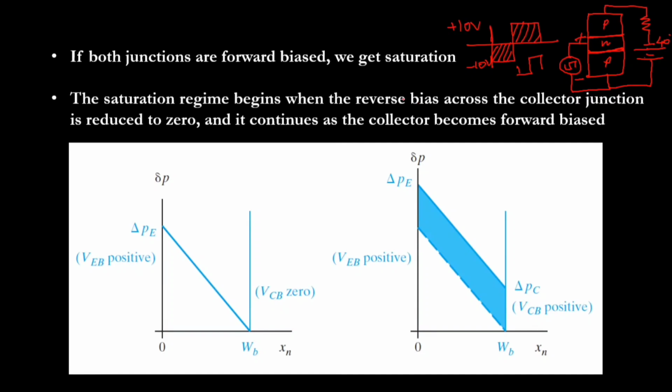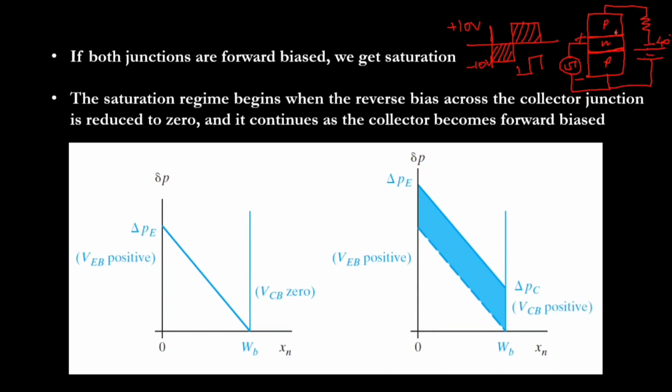When we apply the positive voltage here to the N region, holes slowly accumulate in the base, because we applied a positive voltage. Once holes accumulate here, the reverse biasing is going to reduce. That is what I am showing in this diagram. V_CB is the voltage between collector and base.